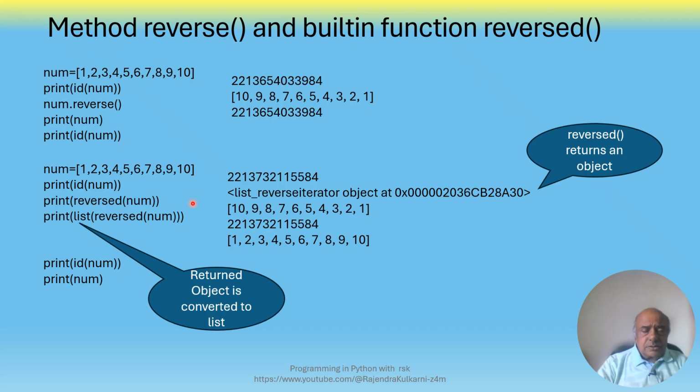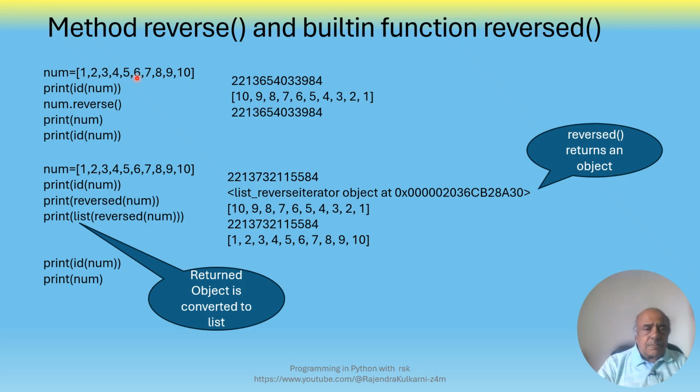That object which is created after reversing the given list is a temporary object. It has no name because only Python wants to know it. We get the output of that object's contents by this print statement, whereas the original num object remains the same.